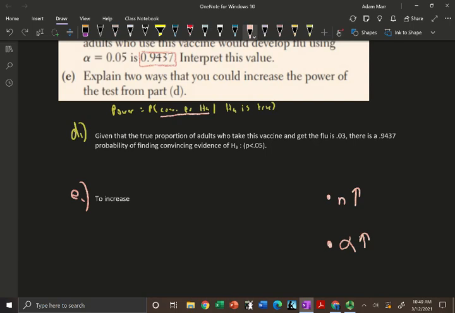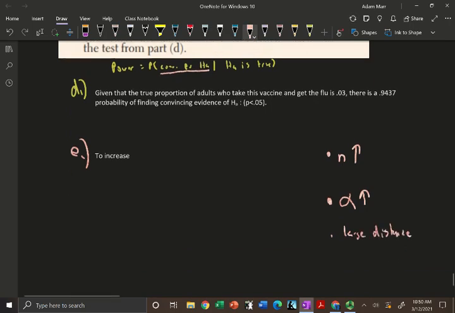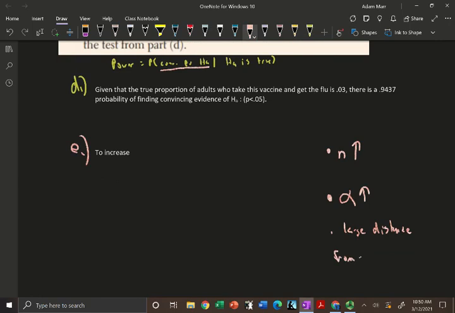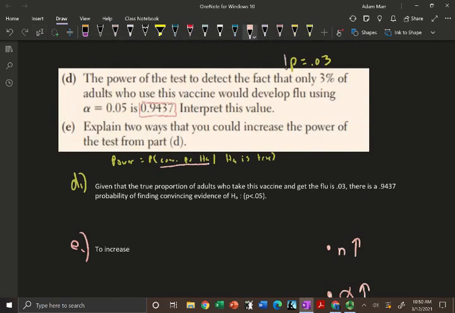That means it's easier to find convincing evidence for the alternative, or we could make a larger distance from the null to whatever the true parameter is. We can't really do this third one because it already gave us that the true proportion is 0.03.